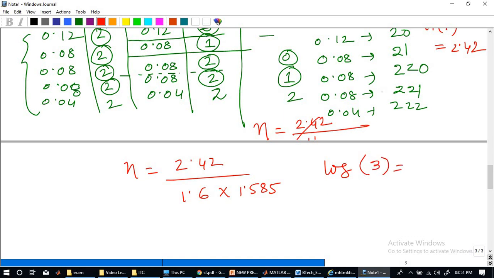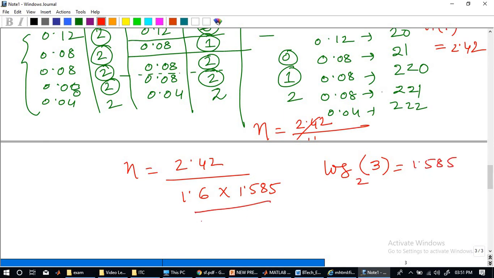It was log m. The maximum value of H of x is log of m, where m is the total number of symbols present. For binary sources, we were taking it as 2. In this case, the source symbols are 3: 0, 1, 2. So if you take log of 3 and compute, it will come as 1.585.